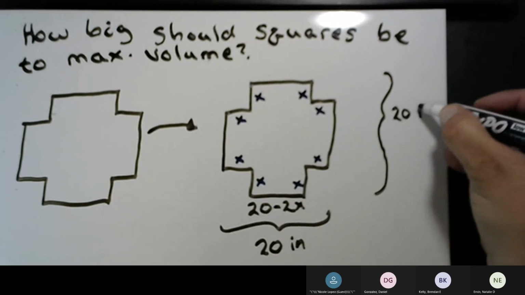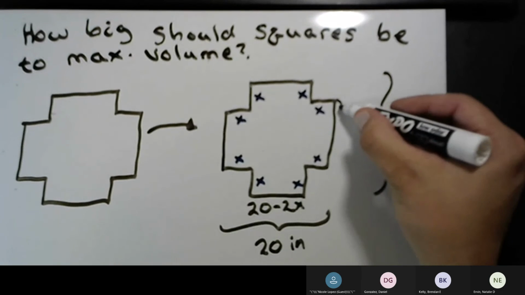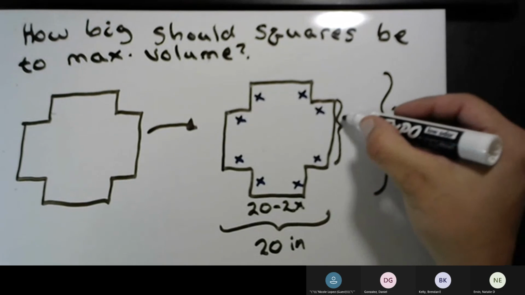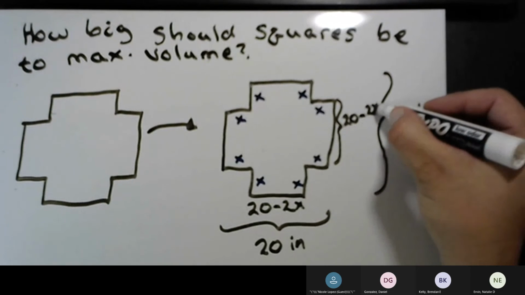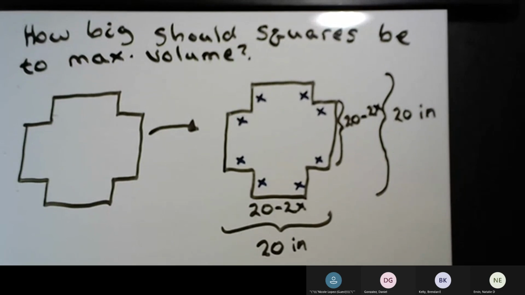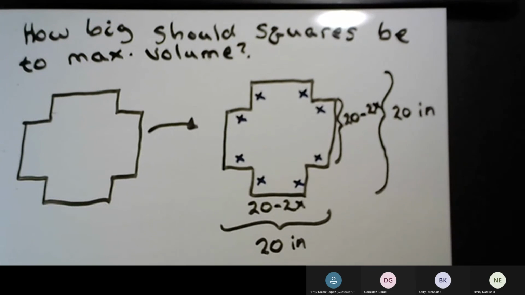There's 20 inches, and this piece will be 20 minus 2x. Any questions about that?